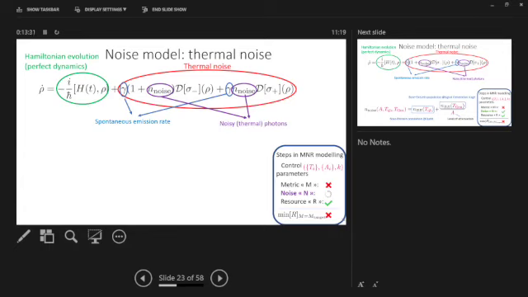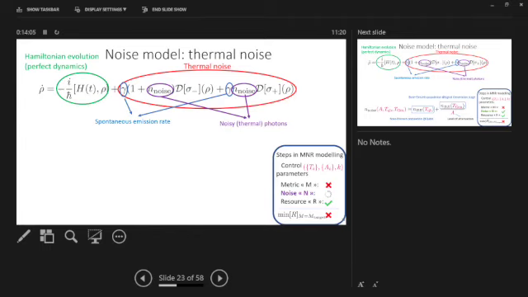This N noise represents the number of noisy photons that interact with your qubit. Because you send photons to drive your superconducting qubits, if you have a lot of noisy photons, then of course your evolution will be noisy. In practice here, we focus on the thermal noise. So we assume that the only reason why the qubits are noisy is because of temperature. So if my qubit was exactly at 0 Kelvin, in an ideal world, it's not possible in practice, but as an idealization, this N noise would be equal to 0.